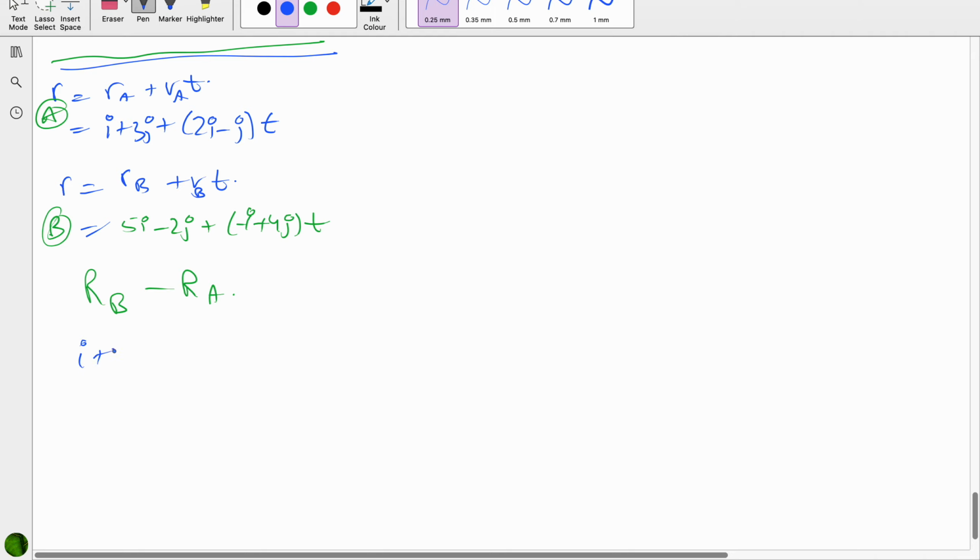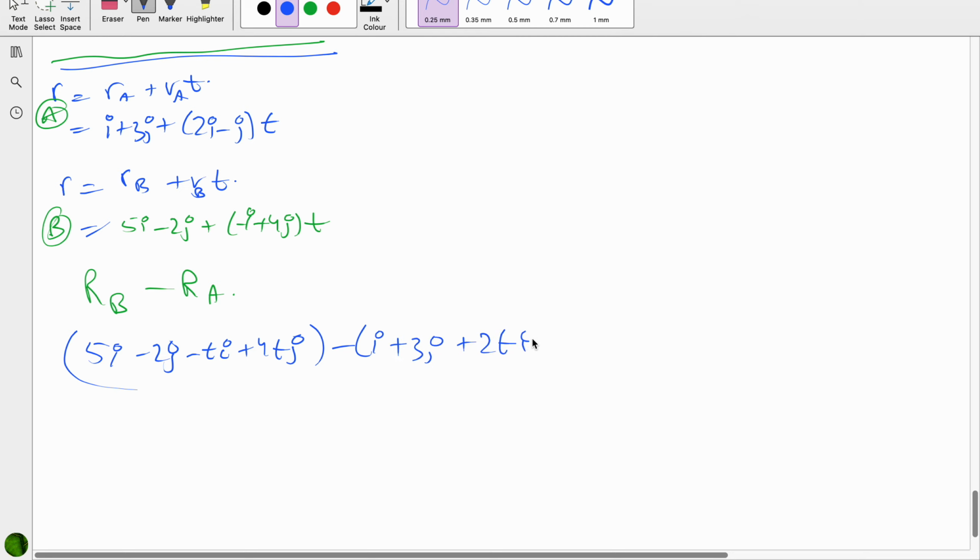That is i plus 3j plus 2ti minus tj. Actually I copied A first. This should be B. So B is 5i minus 2j, and we multiply this by t, that gets minus ti plus 4tj.